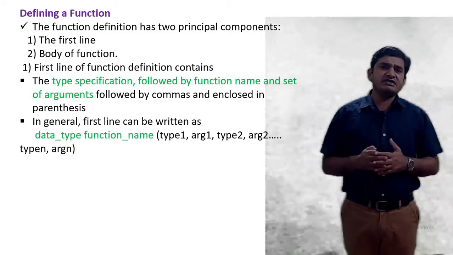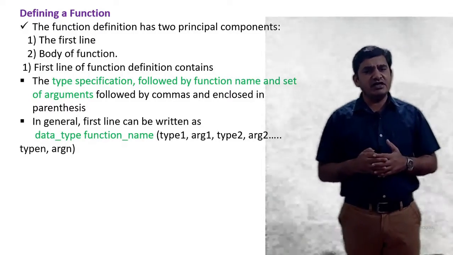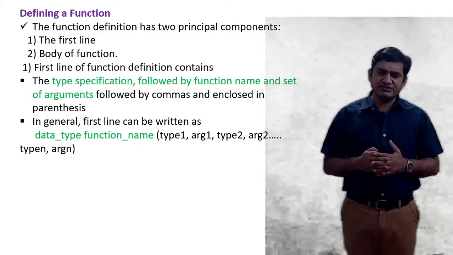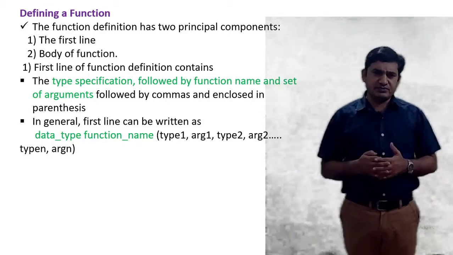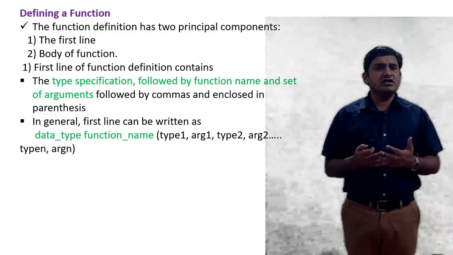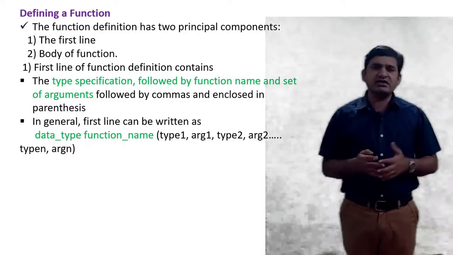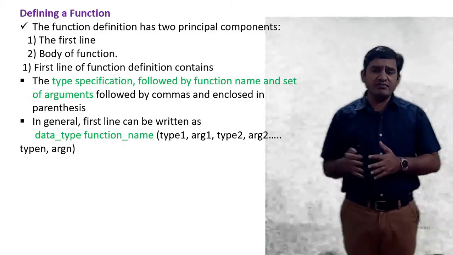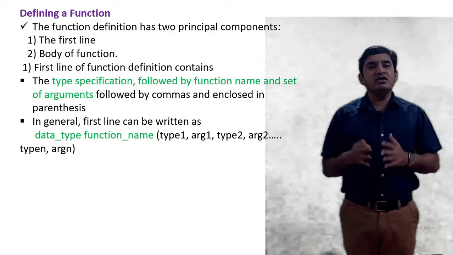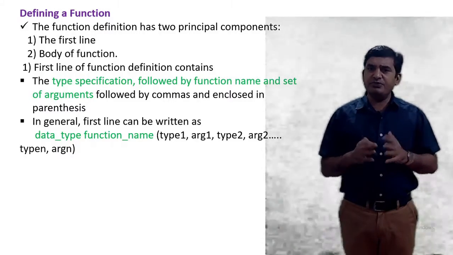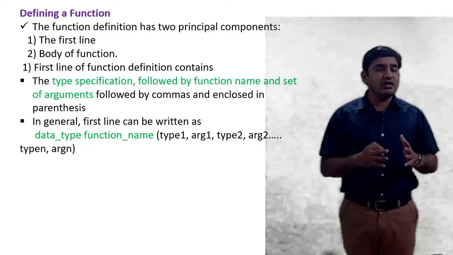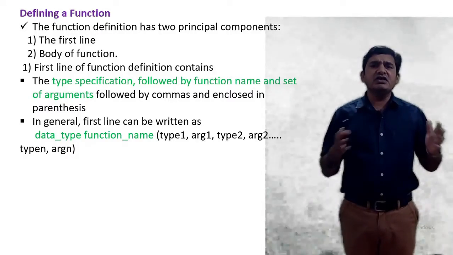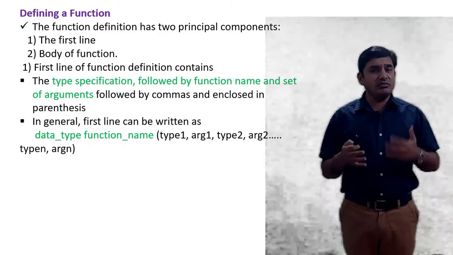In general, the first line of a function can be written as first data type. We can use different data types, that is integer, character, strings. These are the data types. Then function name, type 1 argument 1, type 2 argument 2, up to type n argument n. We can use any number of arguments.